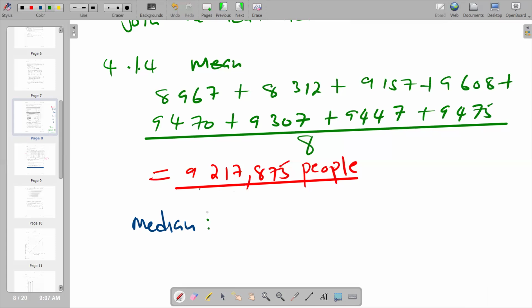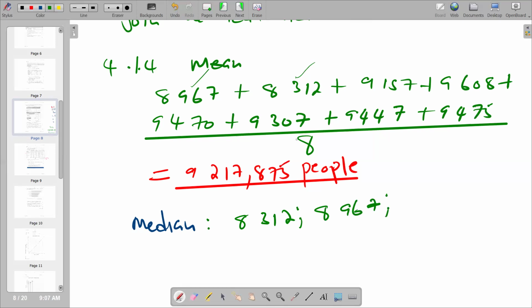So the first step is to arrange your figures in ascending order. So the lowest figure that we have according to the 8 figures is 8,312. And then from there, we go to the next one, which is 8,967, which is this one.